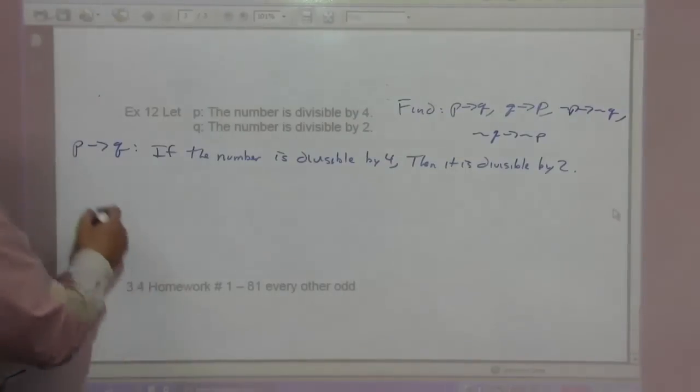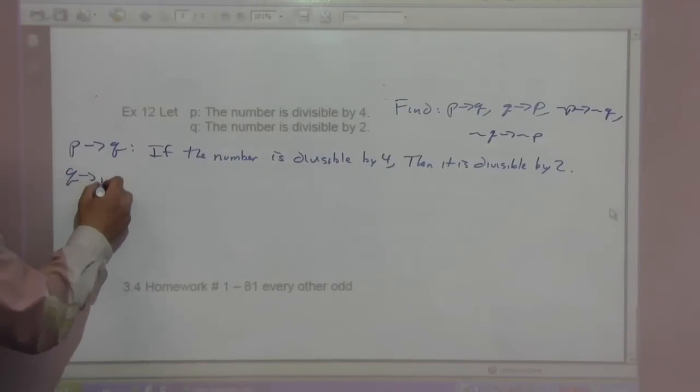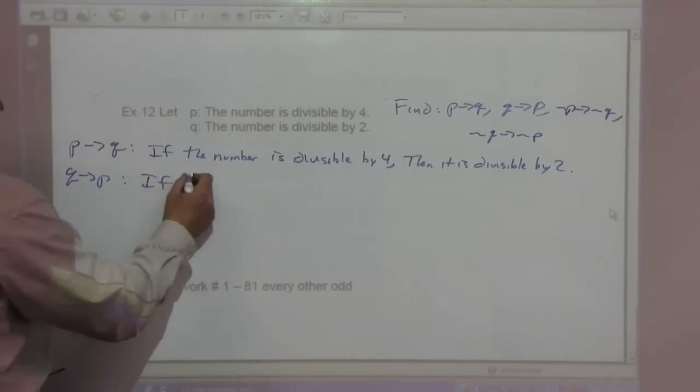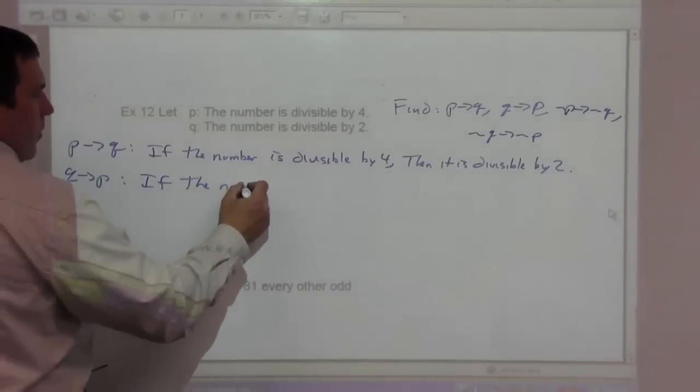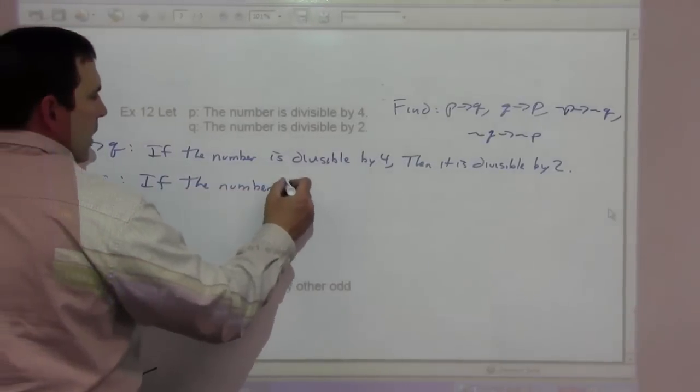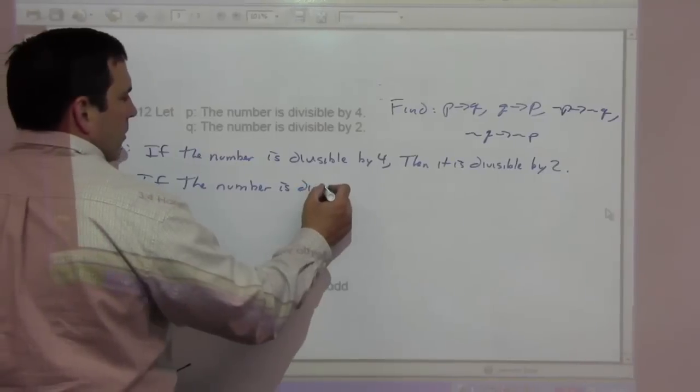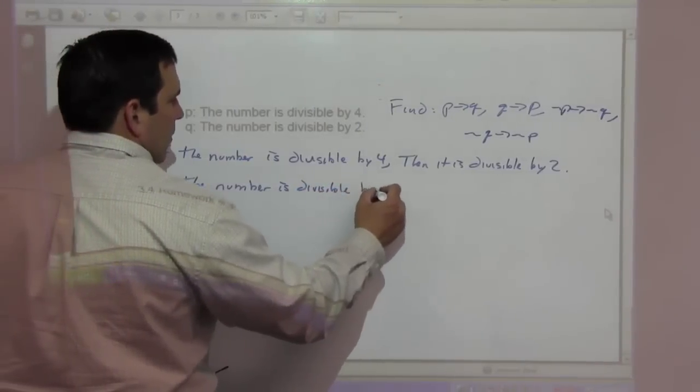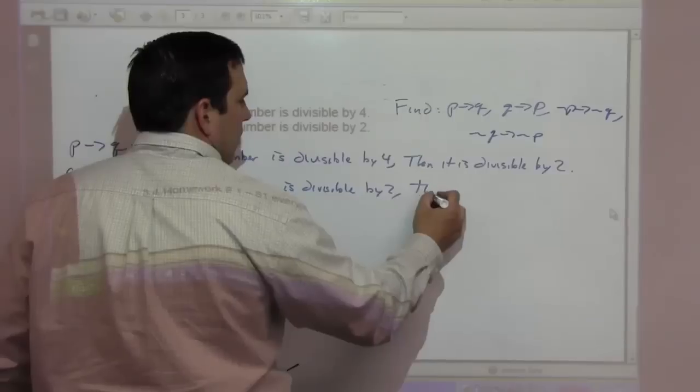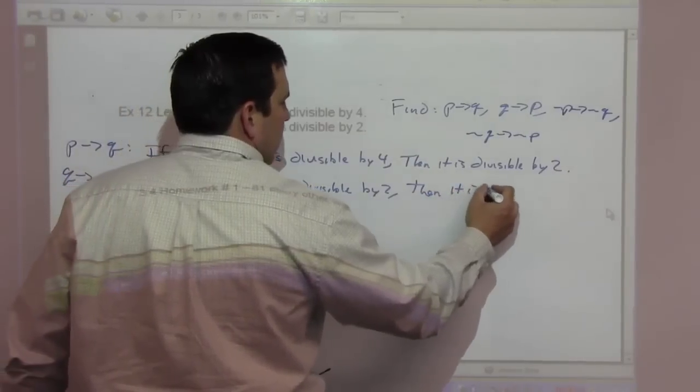That's a true statement. If Q, then P: if the number is divisible by 2, then it is divisible by 4.